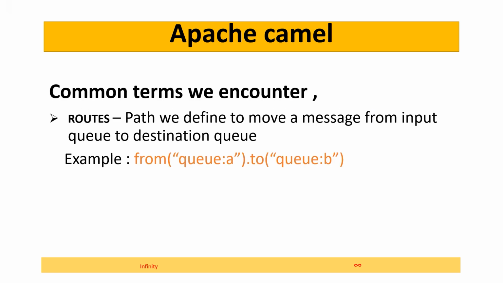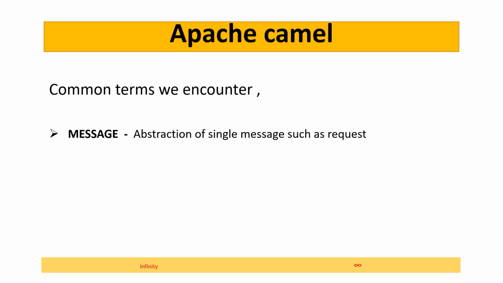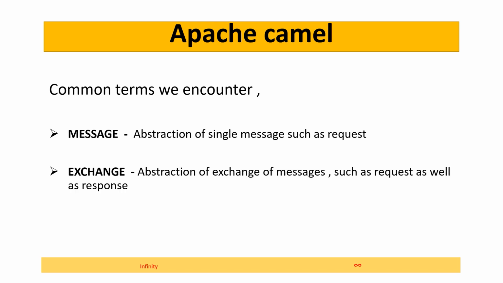The common terms we encounter in Apache Camel: the routes, the path we define to move a message from one queue to another queue. The endpoints are basically addresses, for example, the queues or the file path. Message is basically data which goes around our routes.